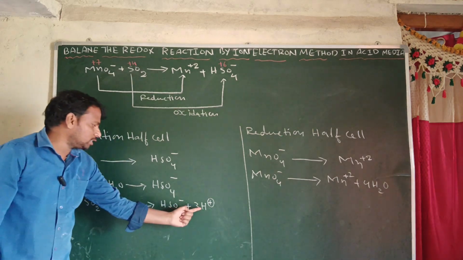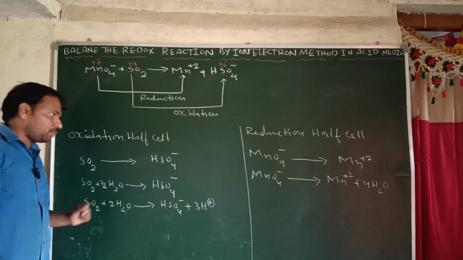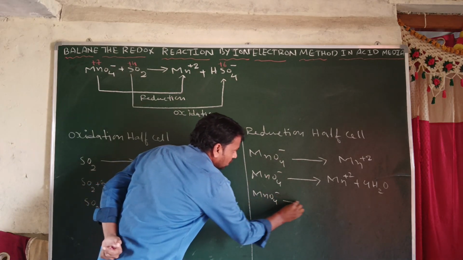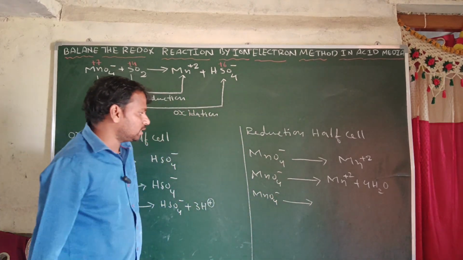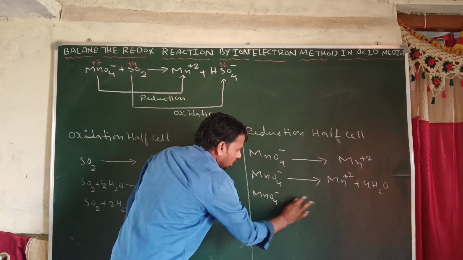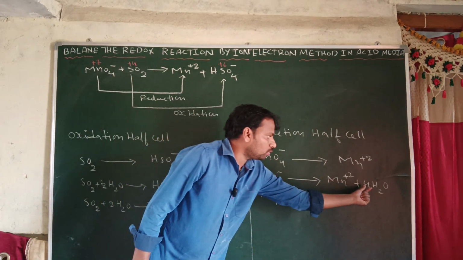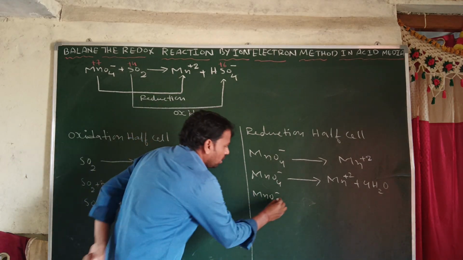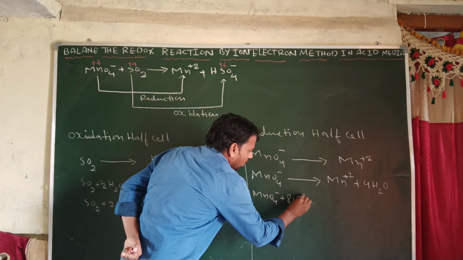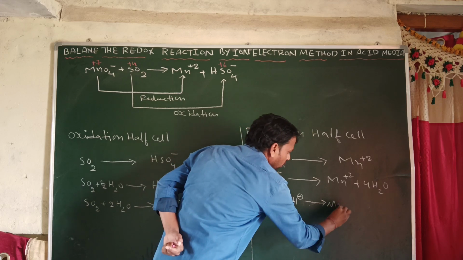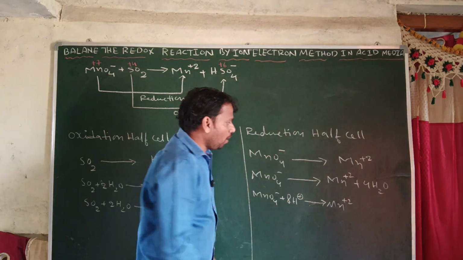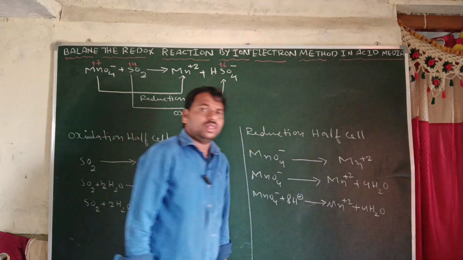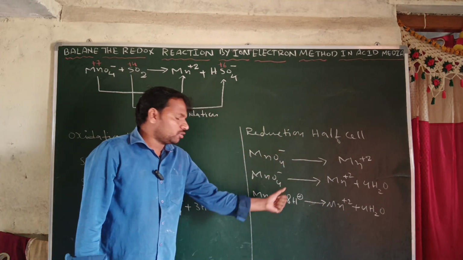Because 3H plus makes hydrogens 4 and 4 balanced. On the MnO4 minus side, 4 twos are 8 hydrogens on the water side, and no hydrogen on this side. So we add 8H plus ions, giving Mn2+ plus 4H2O. So hydrogens are also balanced.